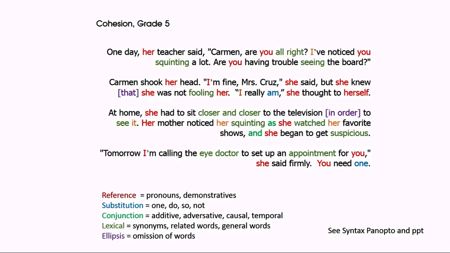Closer and closer is an example of developing the theme further. See, squinting, watched, suspicious, eye doctor, appointment, all of those things keep the words, and that's called lexical cohesion, keeps the topic developing. Okay, so cohesive ties are a big reason why kids can lose fluency, comprehension, not be able to get the meaning from the passage.